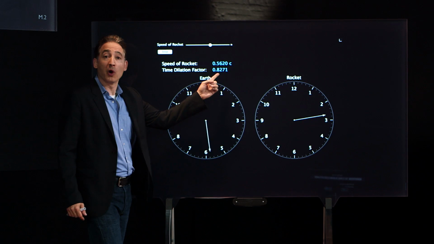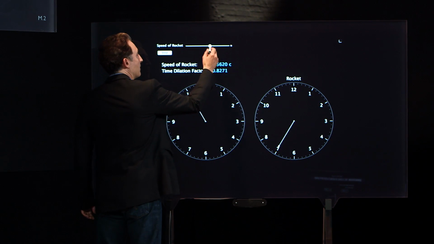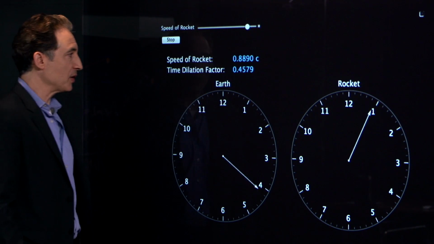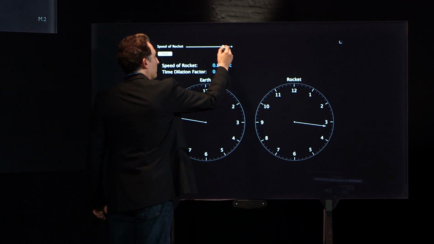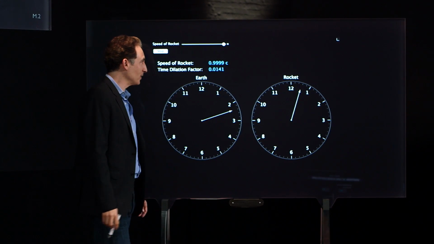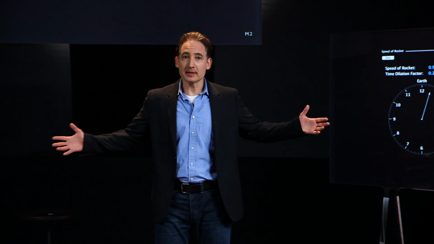This is actually 1 over gamma that we are showing here, the right-hand graph that was on the previous demo. And again, as the velocity gets very close to the speed of light, 1 over gamma gets smaller and smaller, which means less and less time elapses on the moving clock compared to the stationary clock. This is the essence of time dilation.